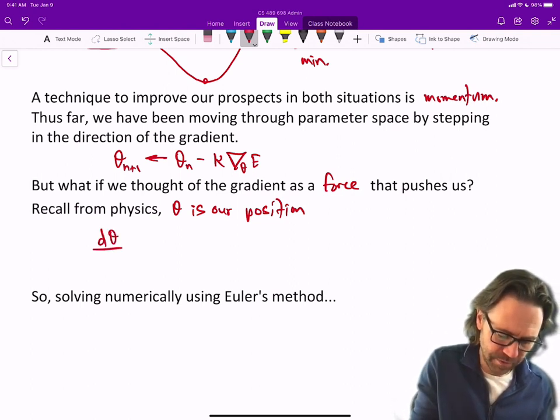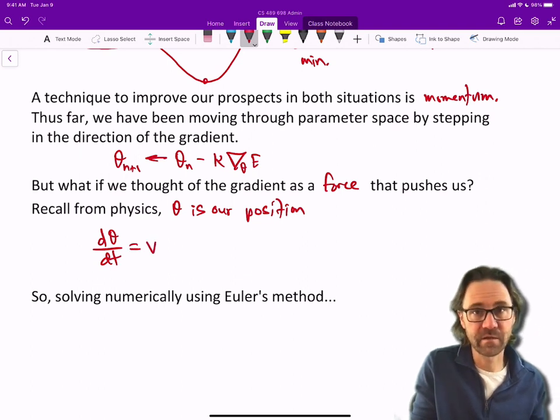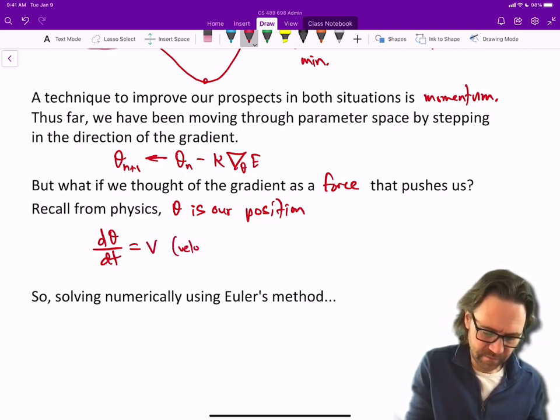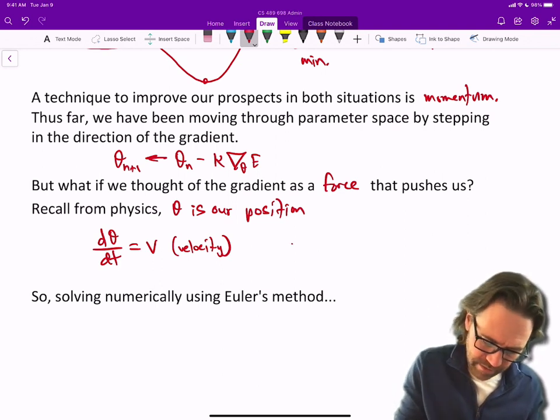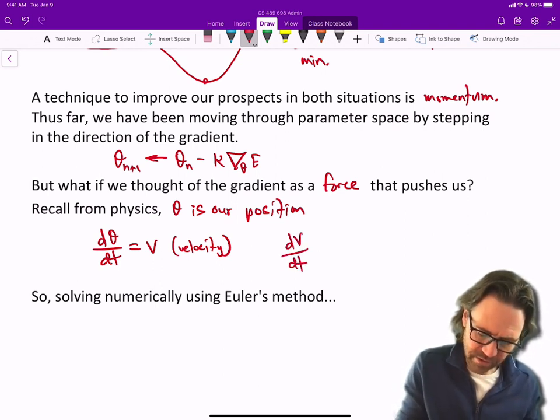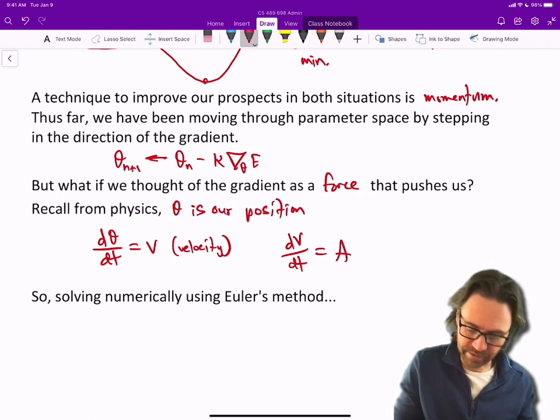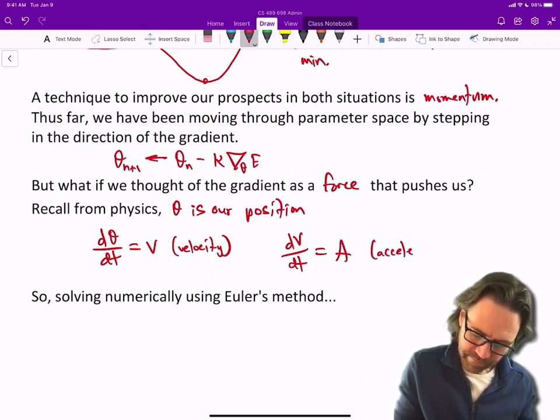The derivative of your position with respect to time is velocity. And the derivative of velocity with respect to time is acceleration.